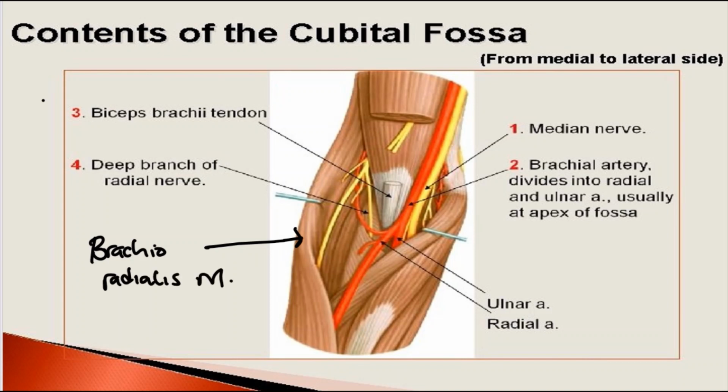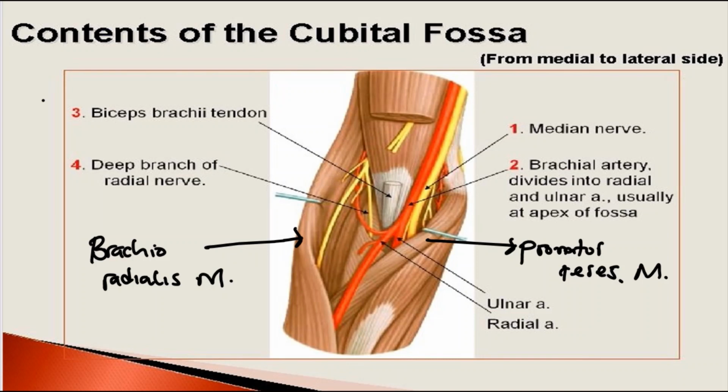On the medial side, the boundary is the pronator teres muscle. And then the base is an imaginary line between the two epicondyles, the humeral epicondyles.